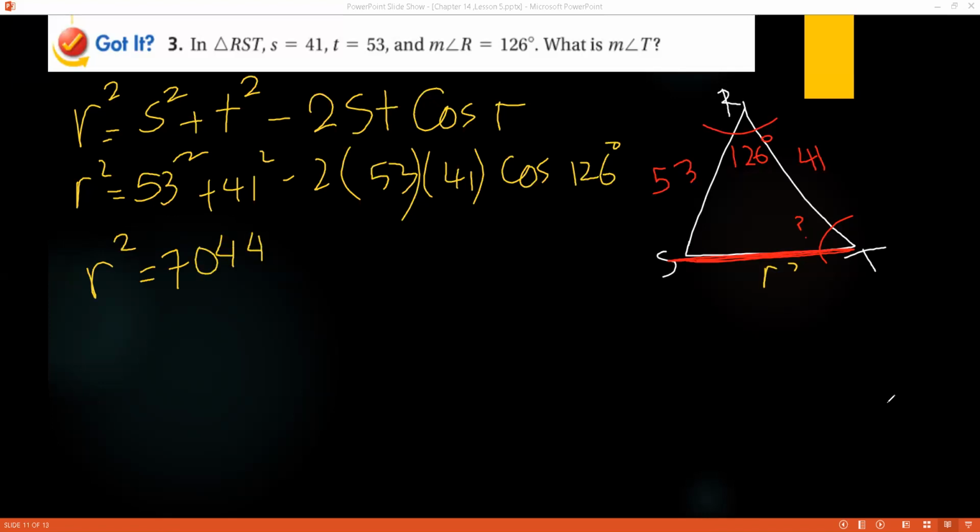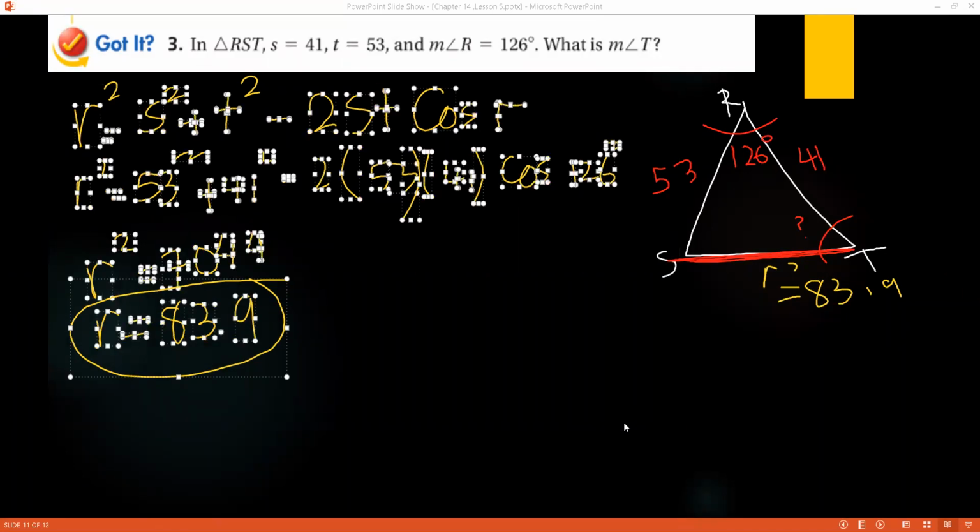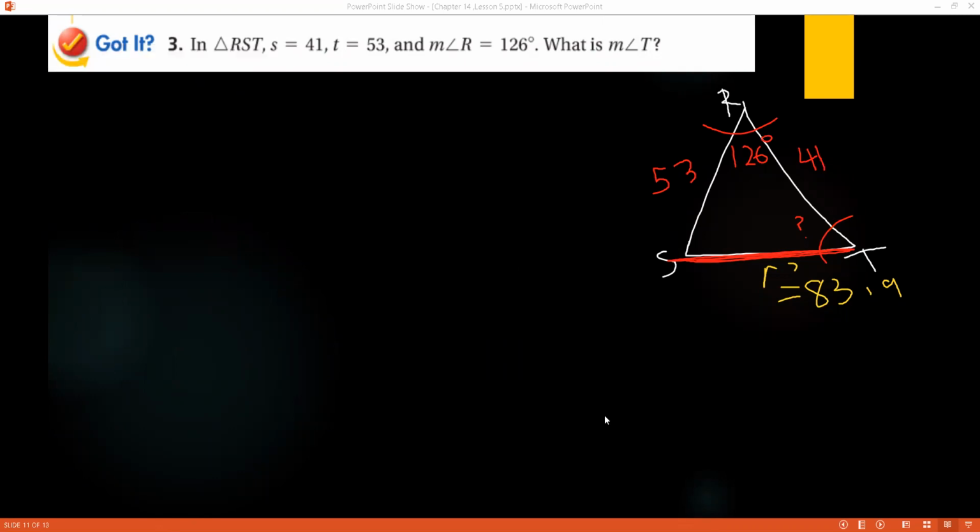So the square root, R will be 83.9. Now what did we need to find? We need to find angle T. In angle T here, we can use law of cosine again, but now I want to use the law of sine. So after I solve the triangle here, I will use the law of sine in order to find the answer.